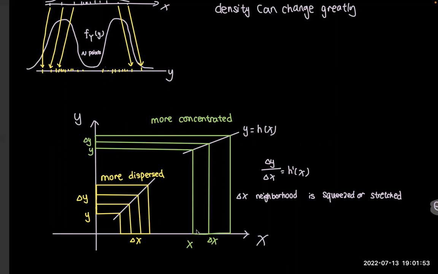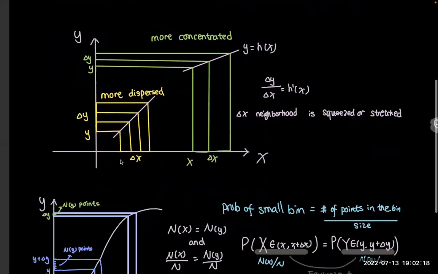The reason is that this delta x is being mapped to a smaller delta y. If the slope is extremely high, then a small delta x will be mapped to a much bigger delta y. This type of stretching or squeezing of the size, which we may call space warping, determines how we change the density.